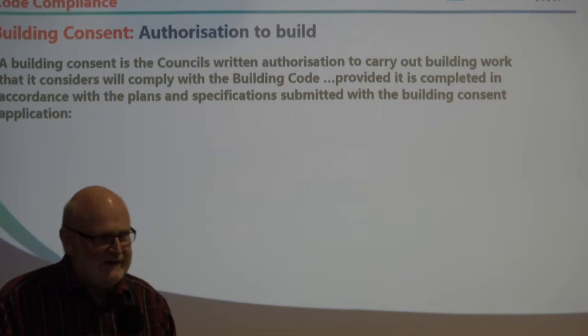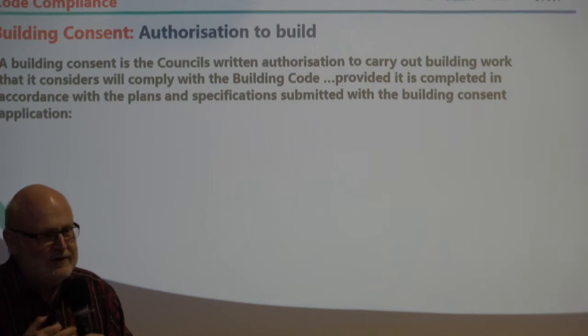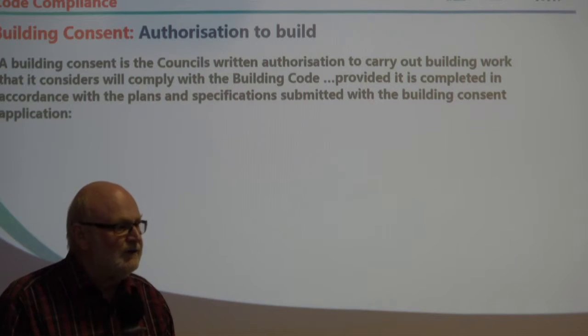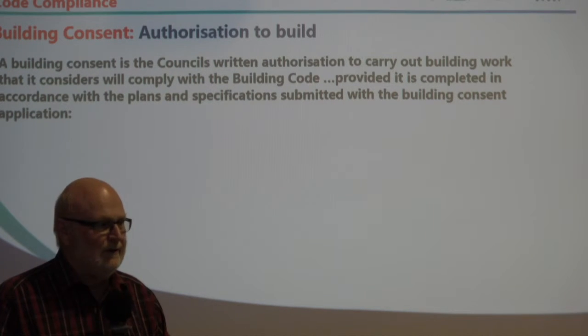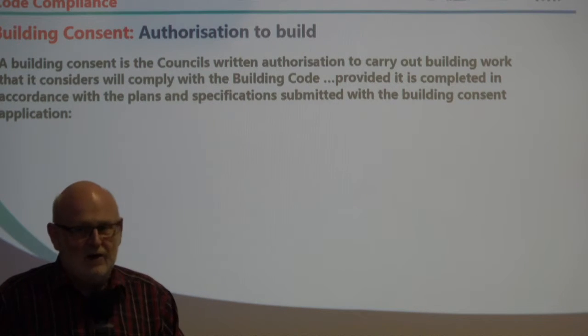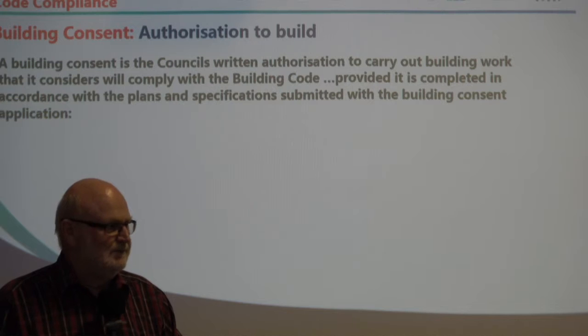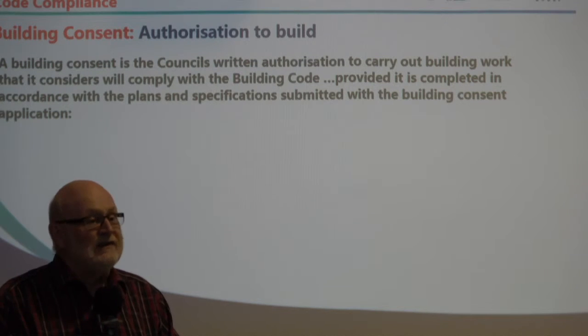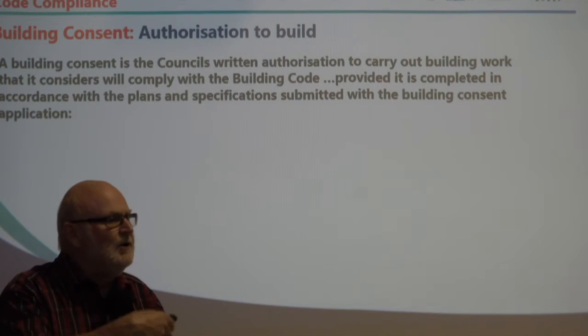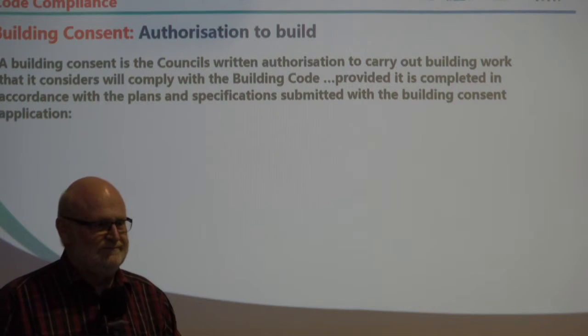Once you have a building consent, you are absolutely committed to building that building how the drawings and specification describe it. And you can't make alterations unless you discuss that with the council, and you'll have to submit more documentation.